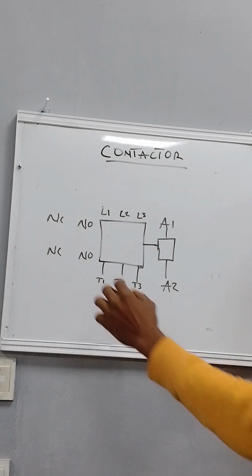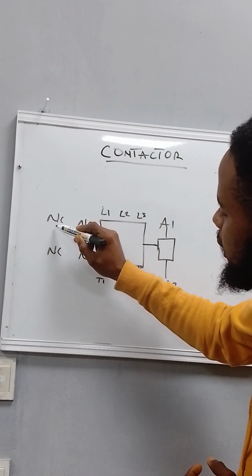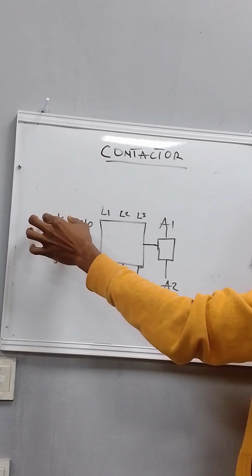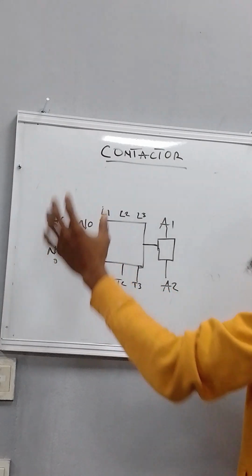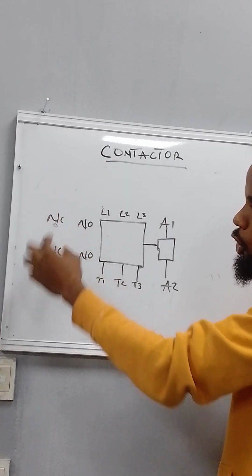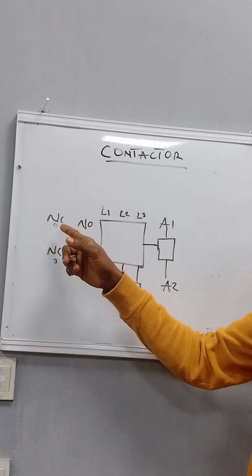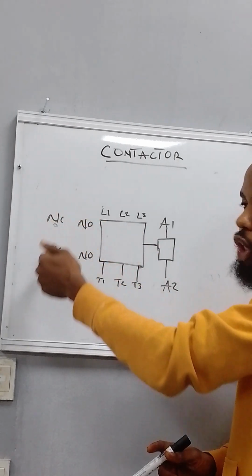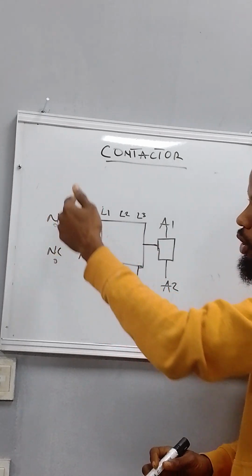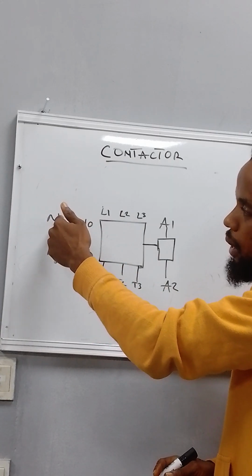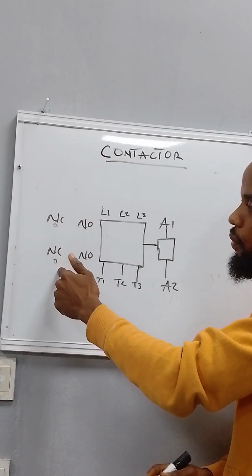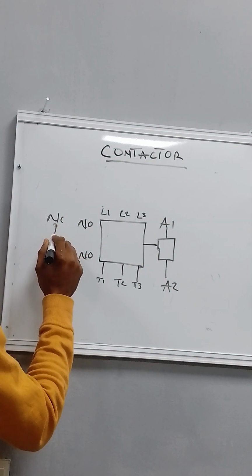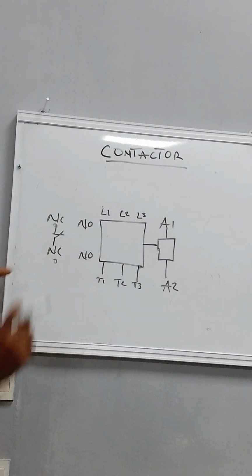As it is now, at this NC point, if we check our continuity from this side to this side, there is continuity flowing. And this is the sign NC.